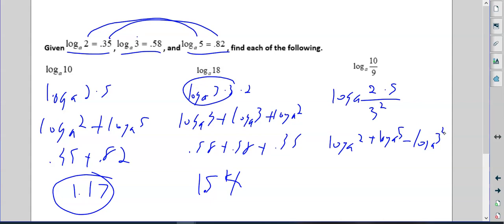So log a of 2, and well, we already know this, so that's going to be 1.17, save some space, minus 2 times log a of 3, which is 0.58. So 1.17 minus 2 times 0.58 is 0.01, and that is it.